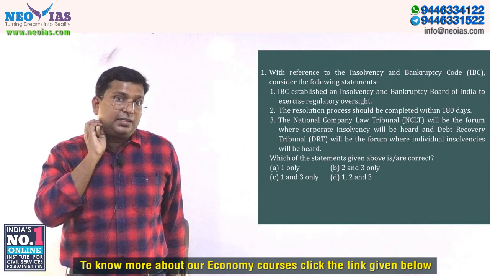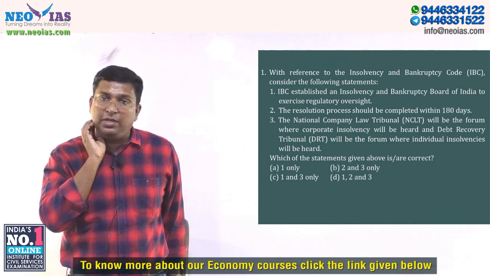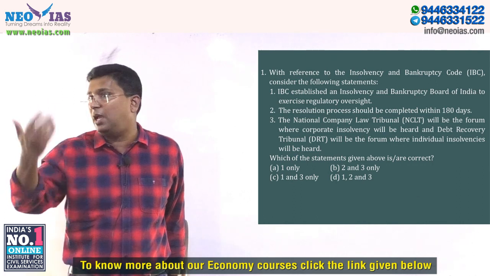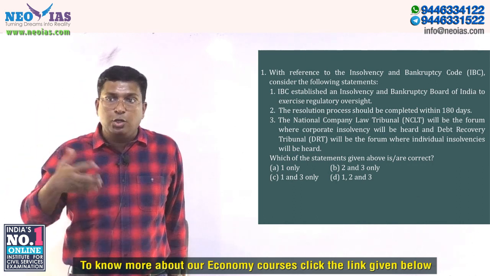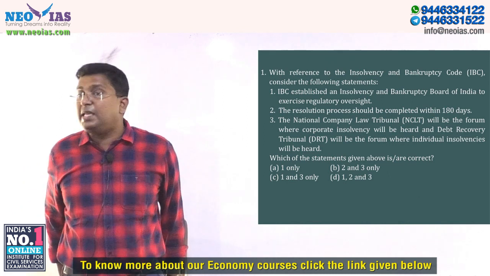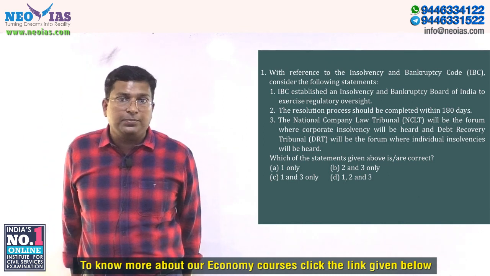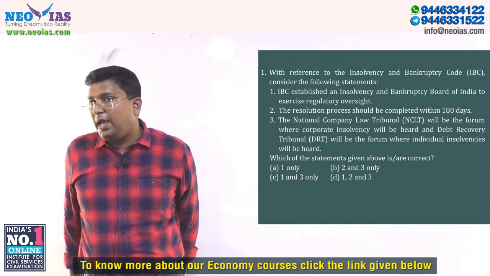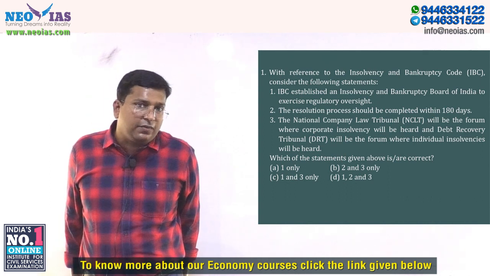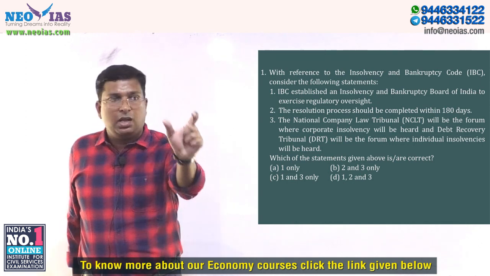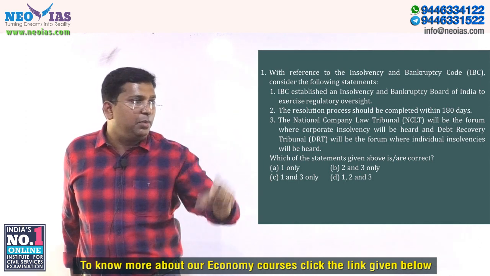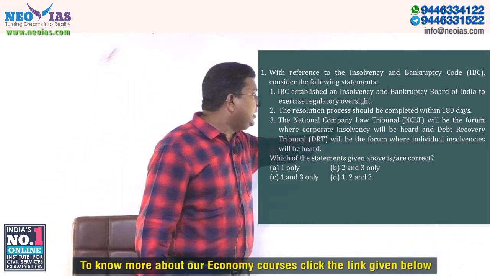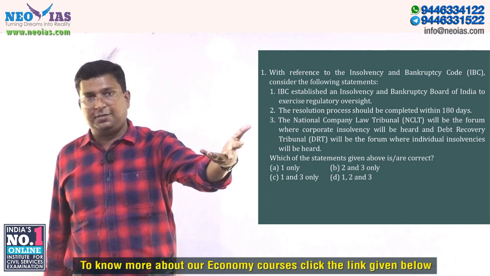Okay, but again there were many problems, because once this bankruptcy code was implemented, new issues started arising, and because of that this code was amended many times. In 2019, two big amendments happened, and one of the reasons is that people believed this was too stringent a norm and it was affecting many sectors including infrastructure. Initially the time limit was 270 days, and in the 2019 amendment it was 180 days plus an extra 90 days.